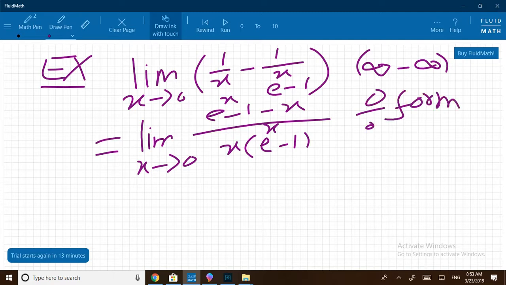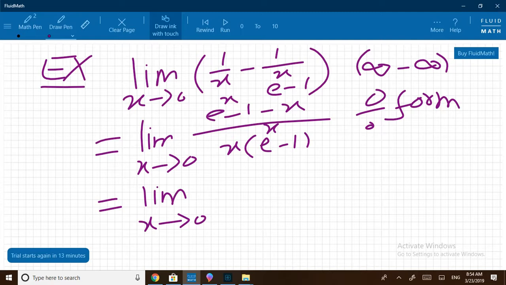Since it is 0 divided by 0 form, now apply the L'Hopital rule. So what is the L'Hopital rule? As x approaches 0, we take the derivative of the numerator and denominator terms.